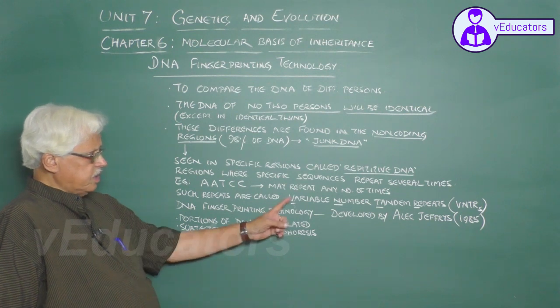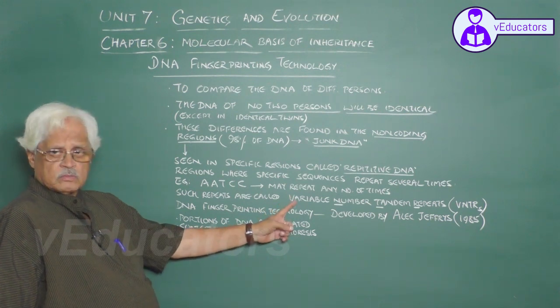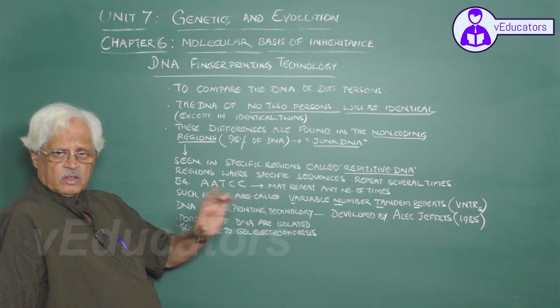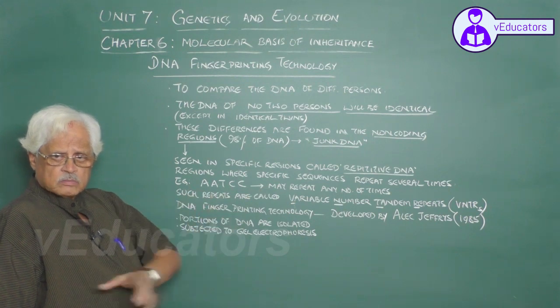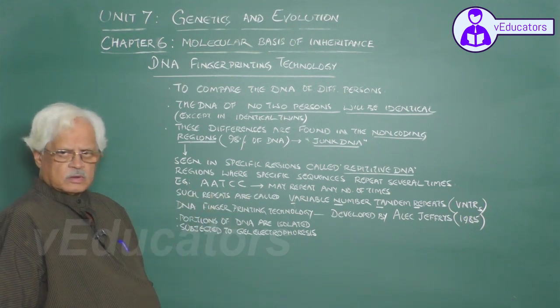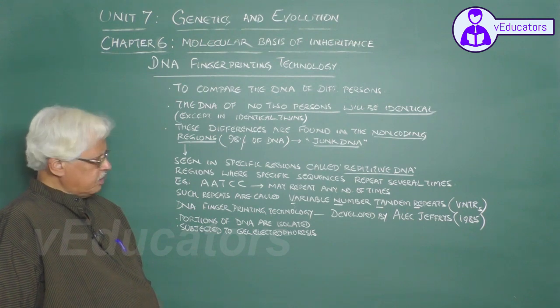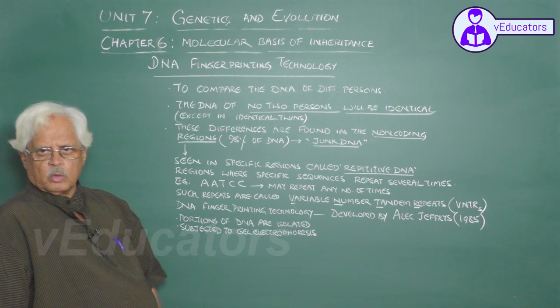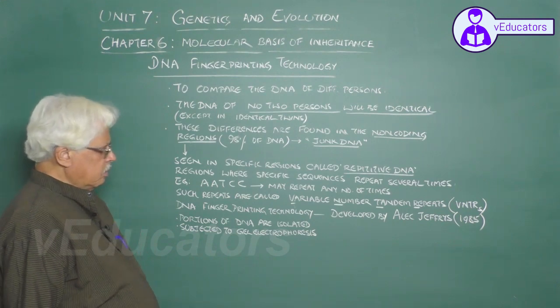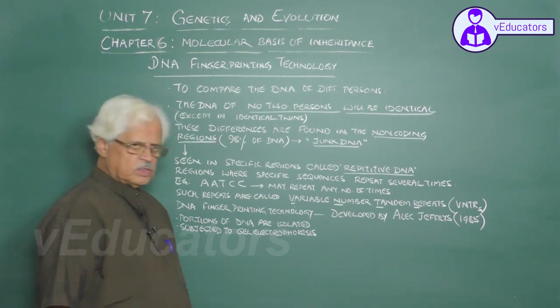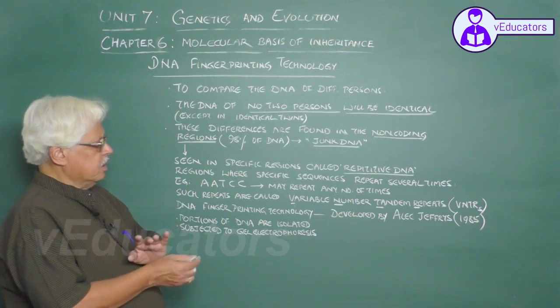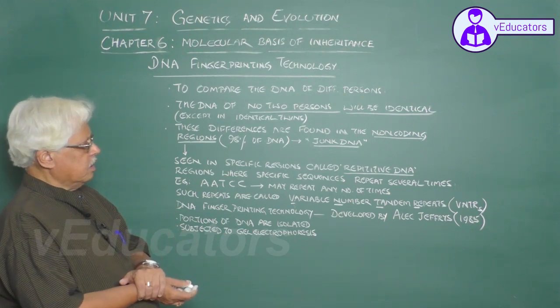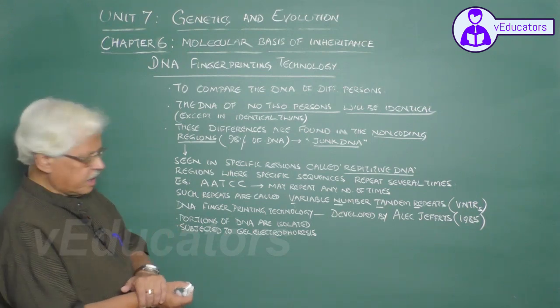So depending upon the tandem repeats, where there are fewer tandem repeats, the distance travelled is less. Where there are more tandem repeats, the distance travelled is more, based on which the identity of DNA can be established.